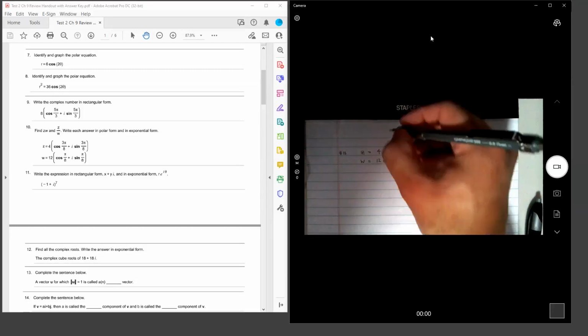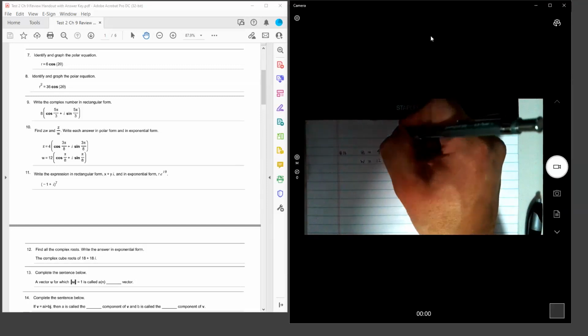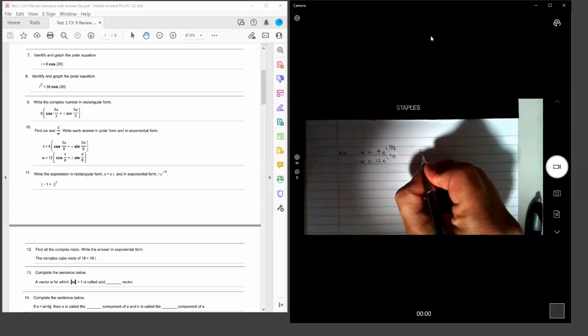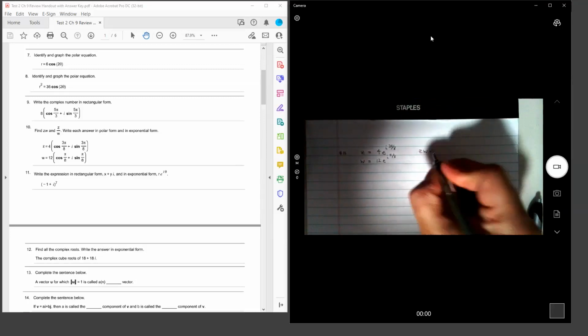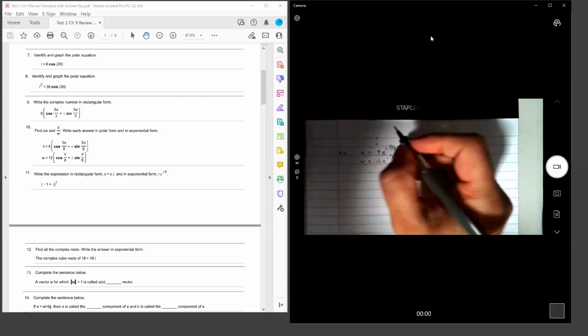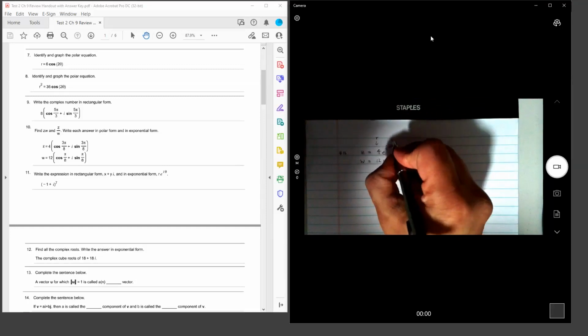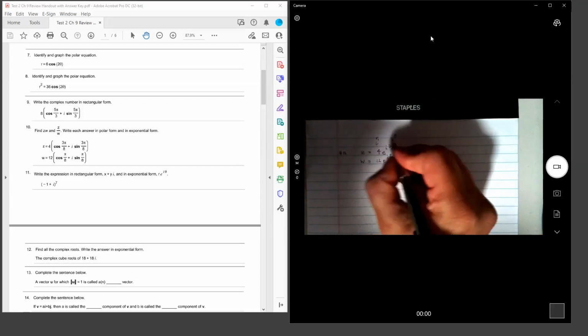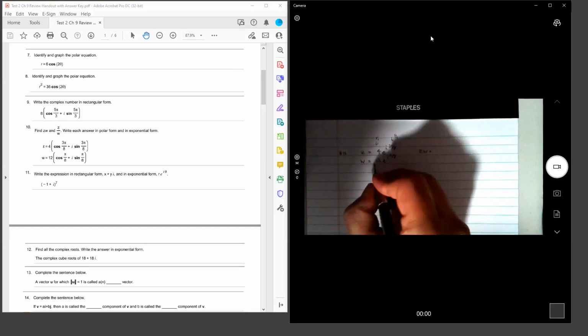All right. So the idea here, when we multiply, to find the product, this will be the magnitude of that complex number, and this will be theta. So we got one magnitude, one angle, theta.